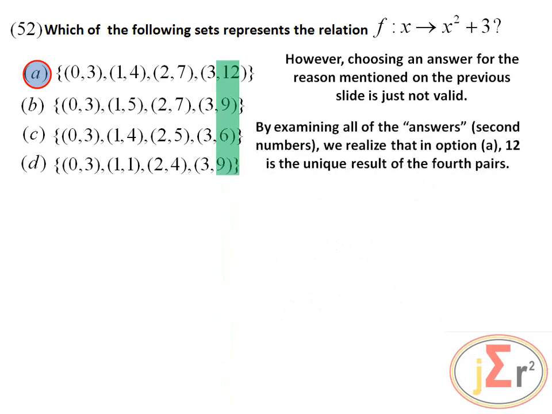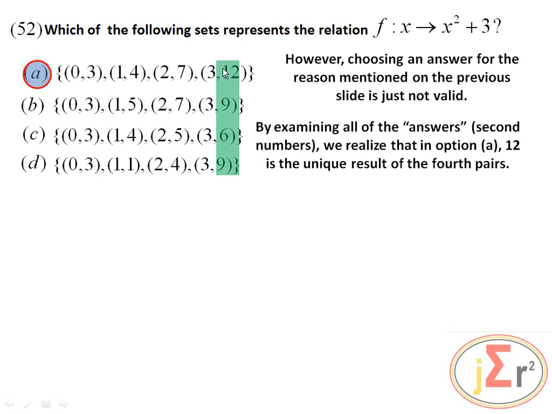By examining all of the answers, that is, the second numbers, we realize that in option A, 12 is a unique result of the fourth pair. I would just say a unique result, because we have 6 that is also unique.